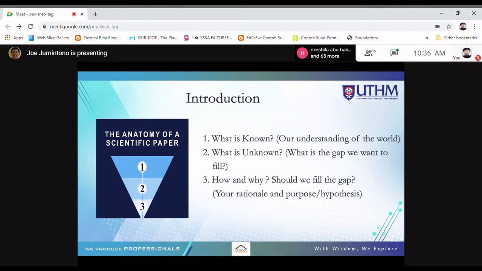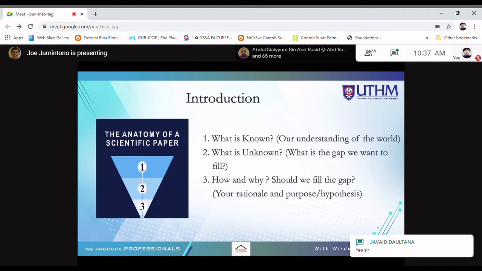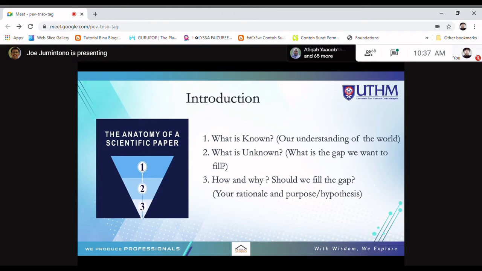So back to our paper. Education leaders will bring the educational institution to run very well and to serve the education of the nation. So go to number 2, what is unknown? We can follow with however. This is very good. You can put however.